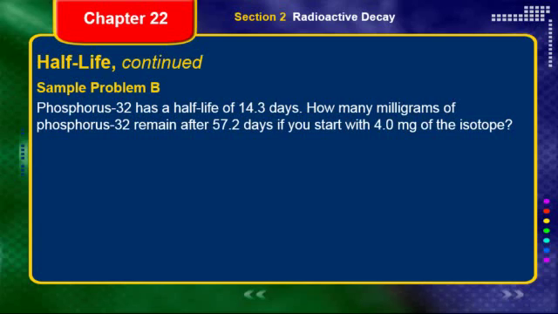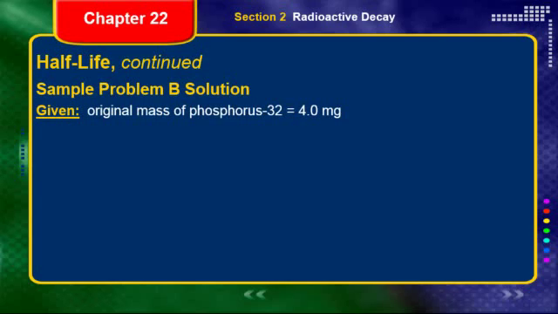So we have phosphorus-32, and it has a half-life of 14.3 days. How many milligrams of phosphorus-32 remain after 57.2 days if you were to start with 4 milligrams of that isotope? All right. So let's identify what we start with. The original mass of phosphorus-32 is 4.0 milligrams.